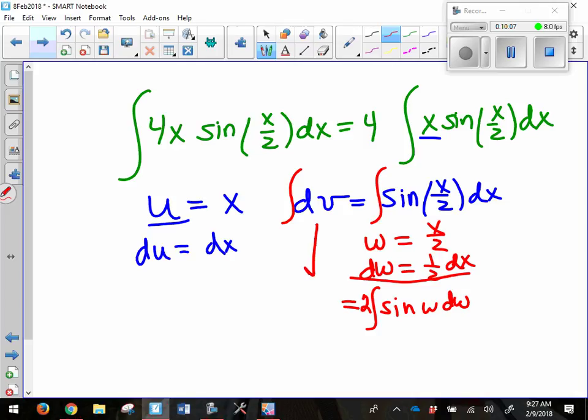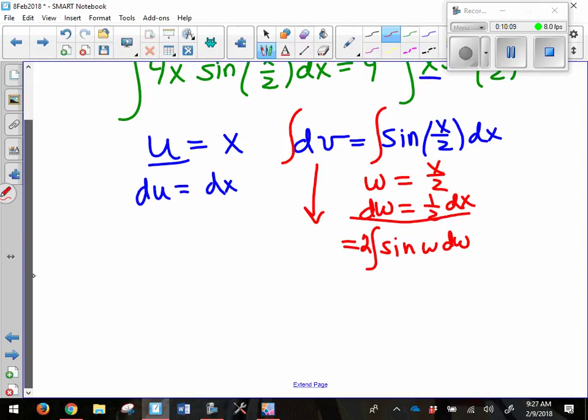All right, so, and of course, the integral of dv is v. And again, I believe this was a sticky point yesterday. What's the integral of sine w dw going to be?